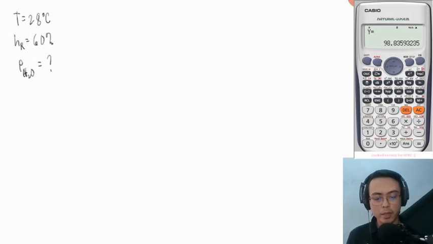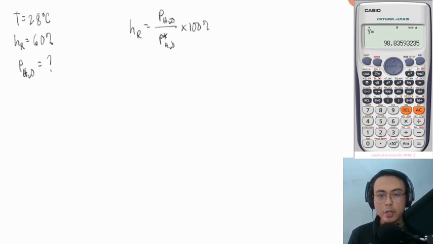Okay. Again, relative humidity is the partial pressure of water over the vapor pressure of water times 100%. So how do we do this? You're given the relative humidity, so you can substitute 0.6 equals, you're looking for the partial pressure of water, but we need the value of the vapor pressure of water in the denominator to solve this problem.